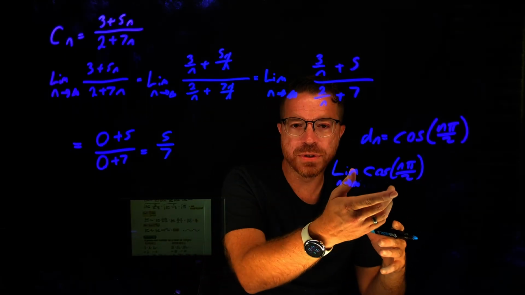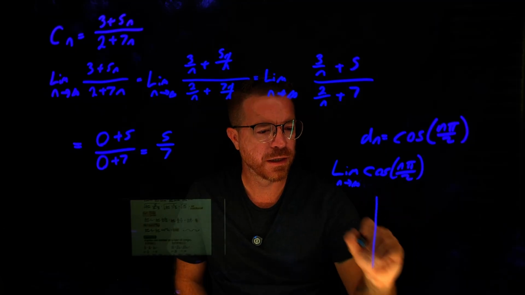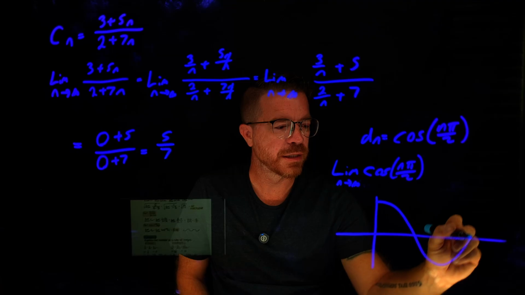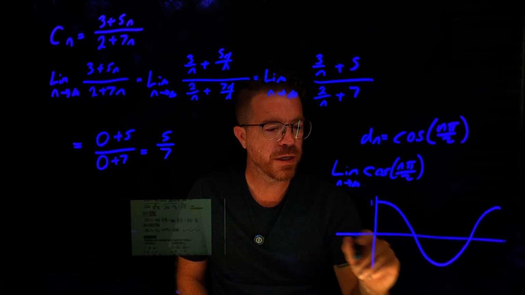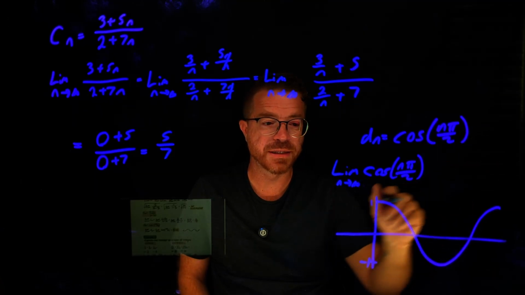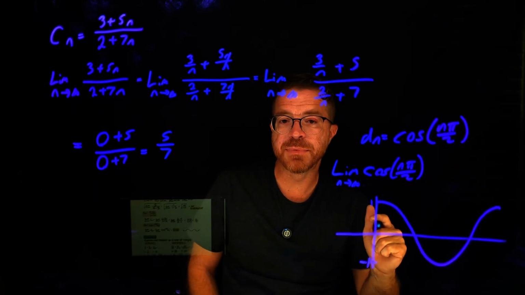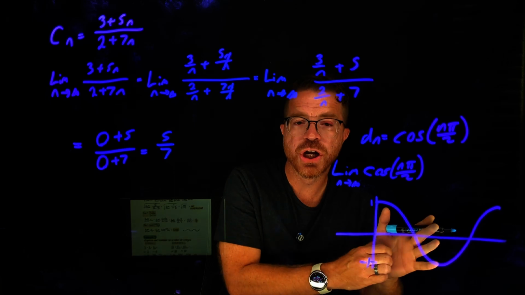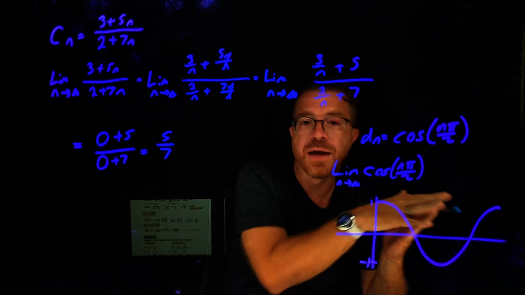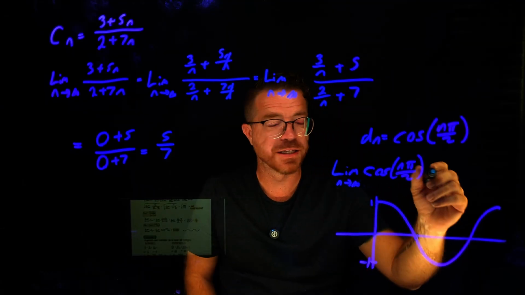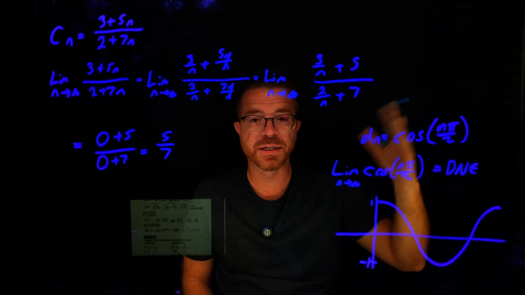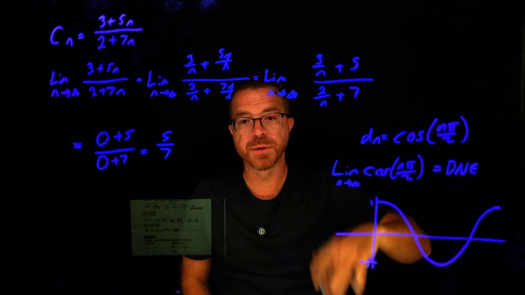If you look at what cosine does, cosine basically just looks like this. It goes from 1 to -1, and then it's going to keep repeating the cycle. So in this case, it's never going to converge because there's nothing causing it to shrink or narrow down to a specific term. So in this case, this limit does not exist. This would just be a cycle that continues back and forth from -1 to +1.